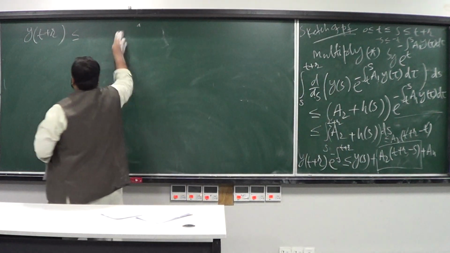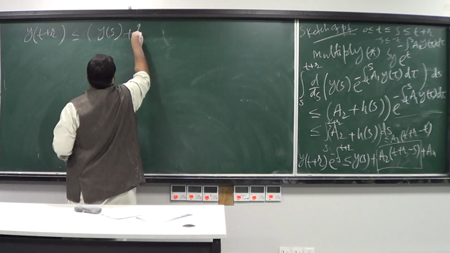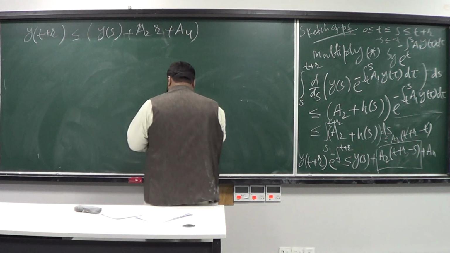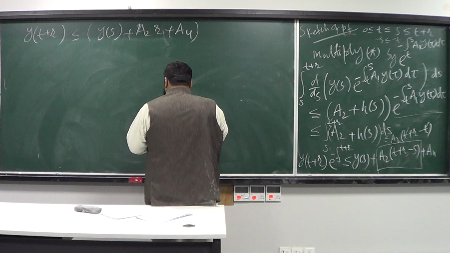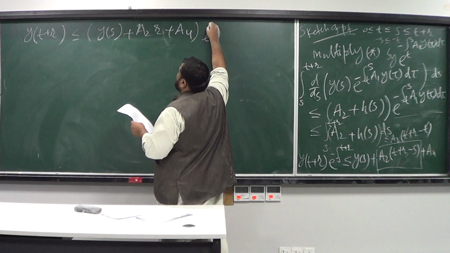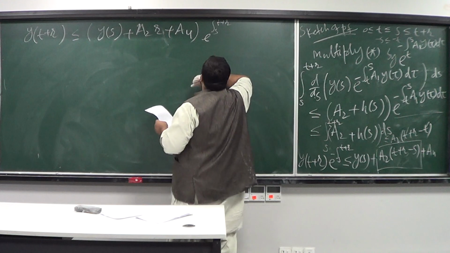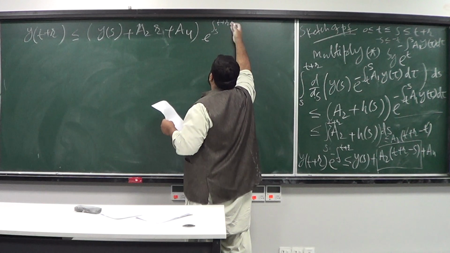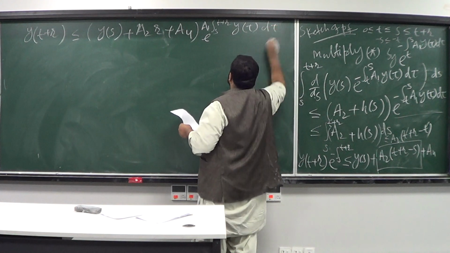So we should write it as y of t plus r is less than or equal to y of s plus a2r plus a4, and the integral of e to the a1, from s to t plus r, and a1 is a constant, so I can pull it out and I'm going to have y of tau d tau.